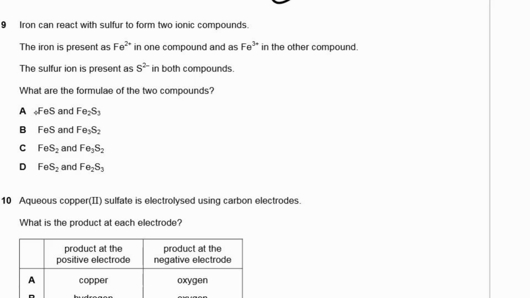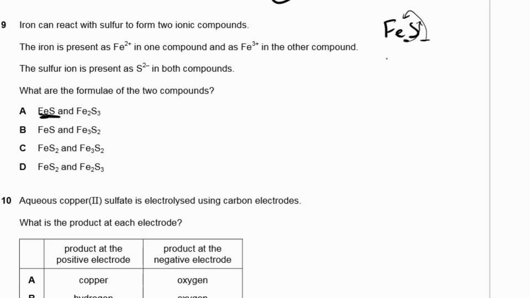Now remember, FeS is the first example down here. When you have FeS, whatever number is down here and down here, you swap to put the charge. It says S2- in both compounds, so both of them will be S2-.